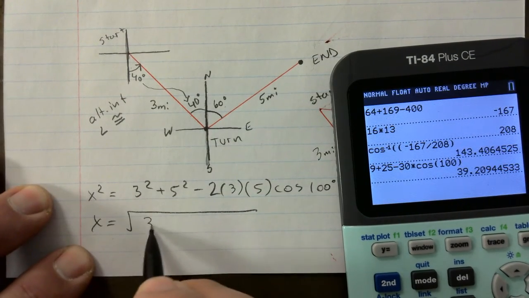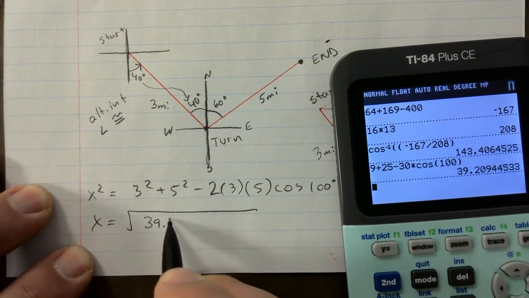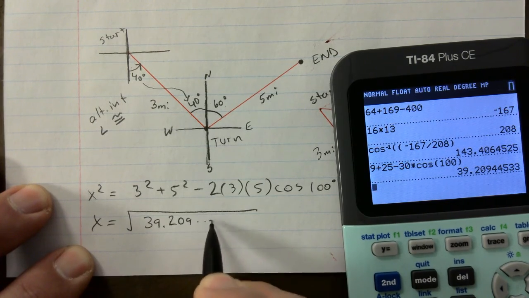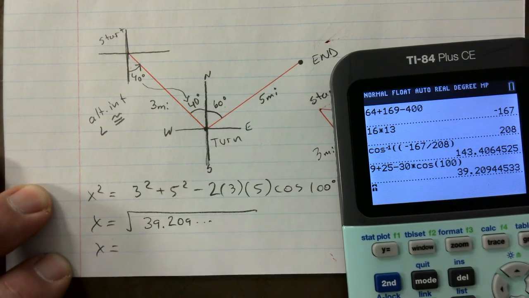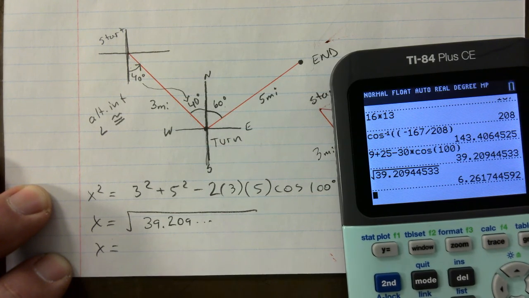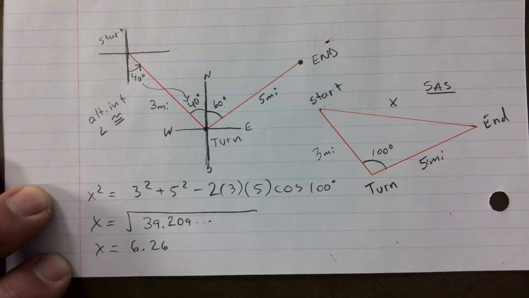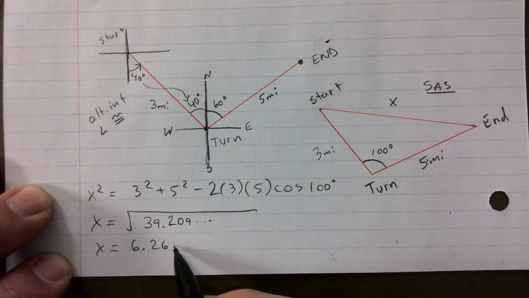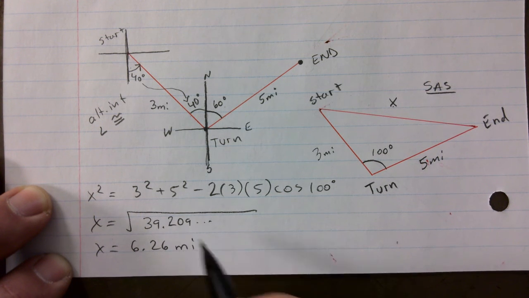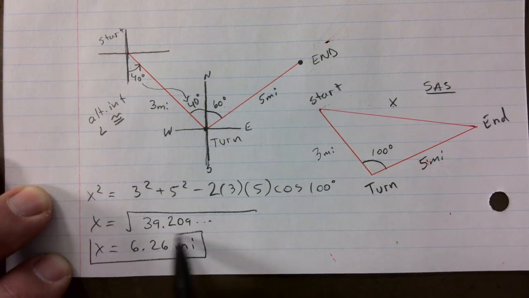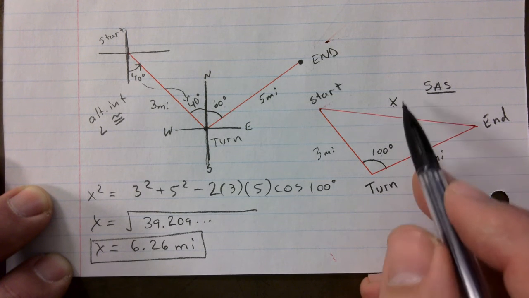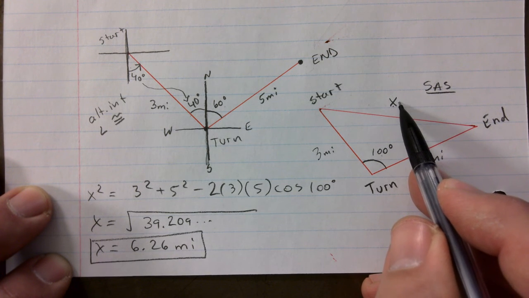That's 39.209, it keeps going. Square root of that is 6.26. Yeah, that's better, right? The other one, like 39, is way too big. But I do want it to be the longest side because I have that obtuse angle, which guarantees me that this is going to be the longest side.